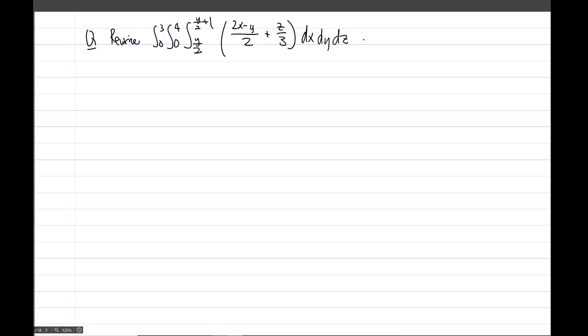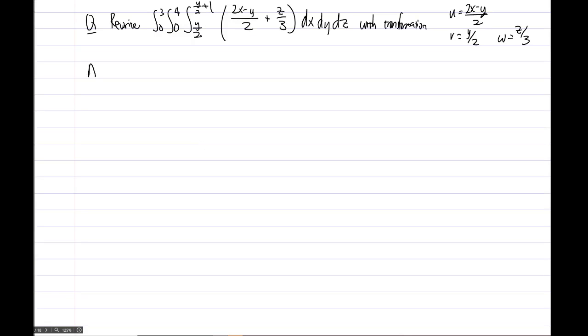We're going to rewrite this with the transformation u is equal to 2x minus y over 2, v is equal to y over 2, and w is equal to z over 3.